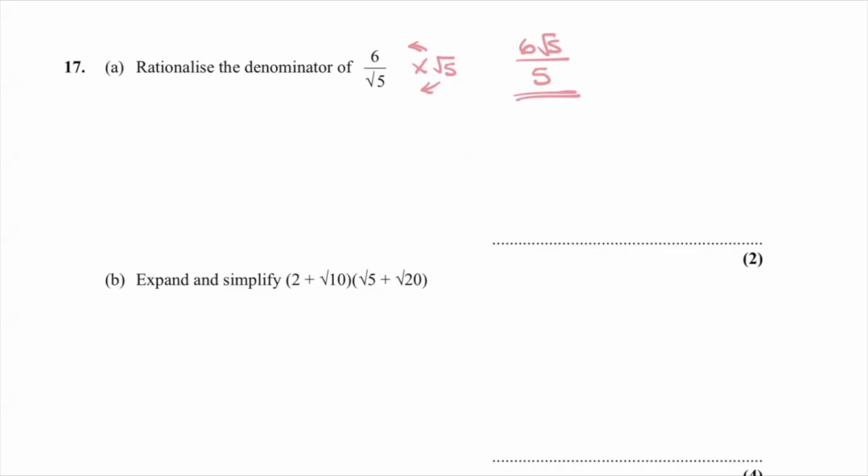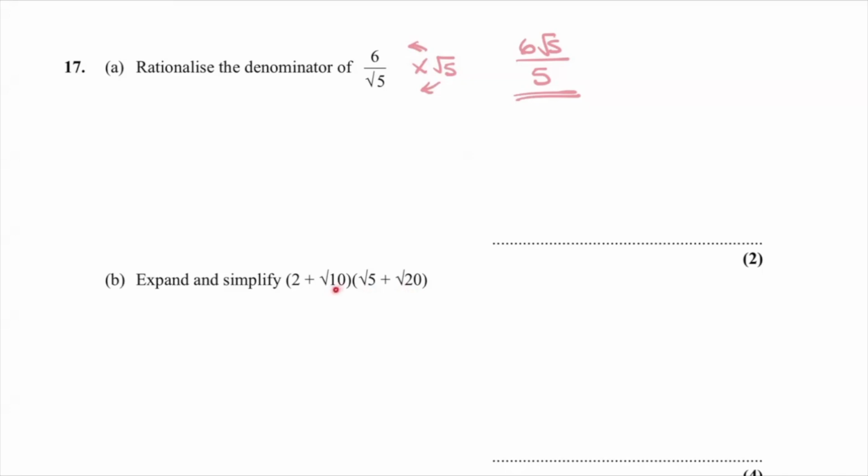Expand and simplify. So we're going to apply our crab's claw, FOIL, etc., whatever our method is, to this. However, I would really encourage you to take a good look at your surds to see if there's anything that you can simplify. If you simplify earlier rather than later, then you're going to be working in lower numbers. They're just much easier to manage.